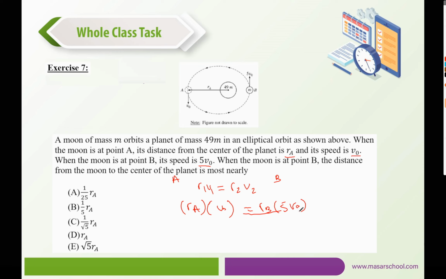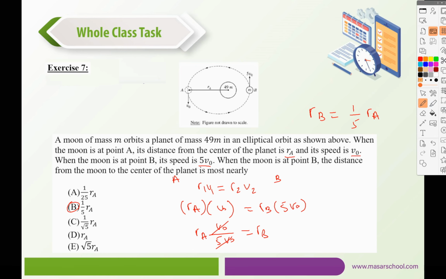We're interested in determining rb in terms of ra. So v0 over 5v0 multiplied by ra is equal to rb. So rb in this case would be 1 over 5 ra, making B the correct answer.